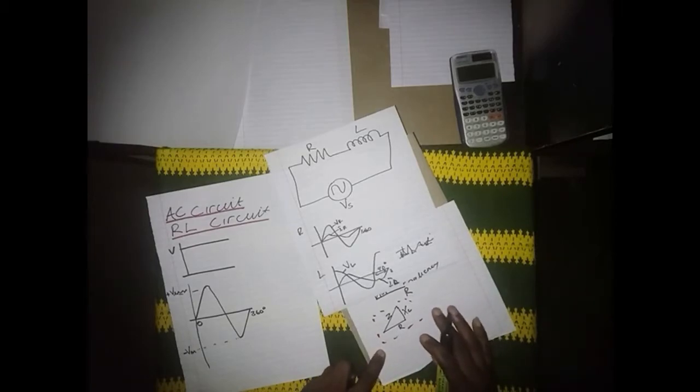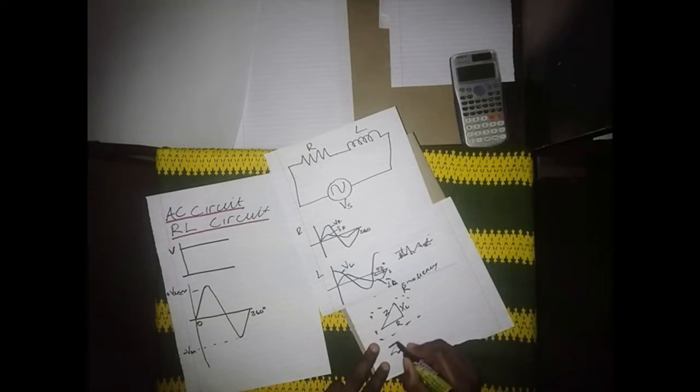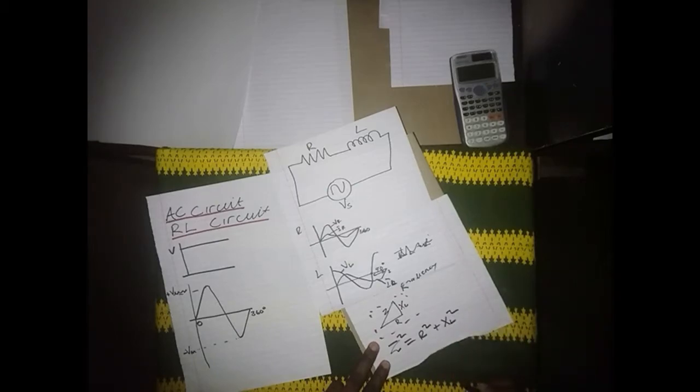Since we have a triangle, we can use the theorem of Pythagoras to determine the value of the impedance. Z is going to be the square root of R squared plus XL squared.